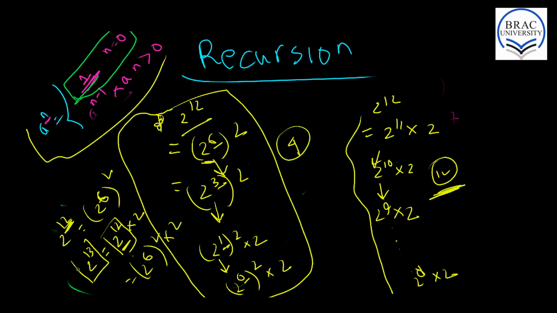So we use this recursion to get 2 to the power 13. We call the recursion of 2 to the power 6, then we square it, and then we multiply by 2 to get 2 to the power 13. And for even numbers, to calculate the value of 2 to the power 12, we call the recursion of 2 to the power 6 and then square it, then we get the value for 2 to the power 12.